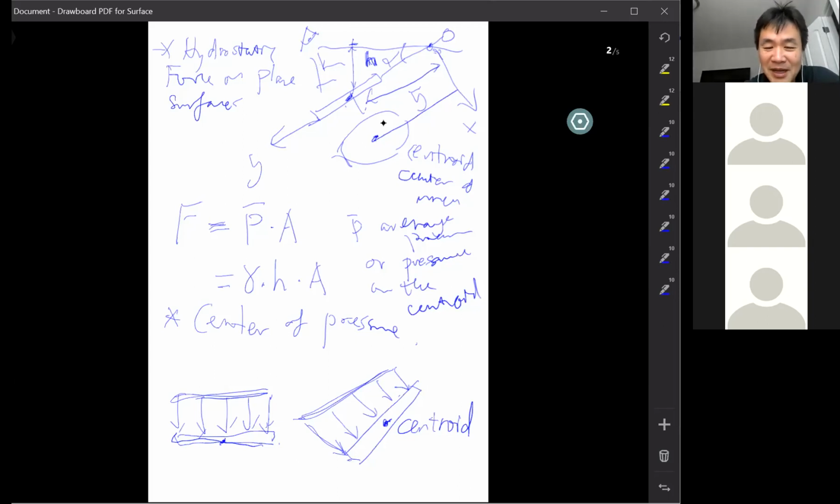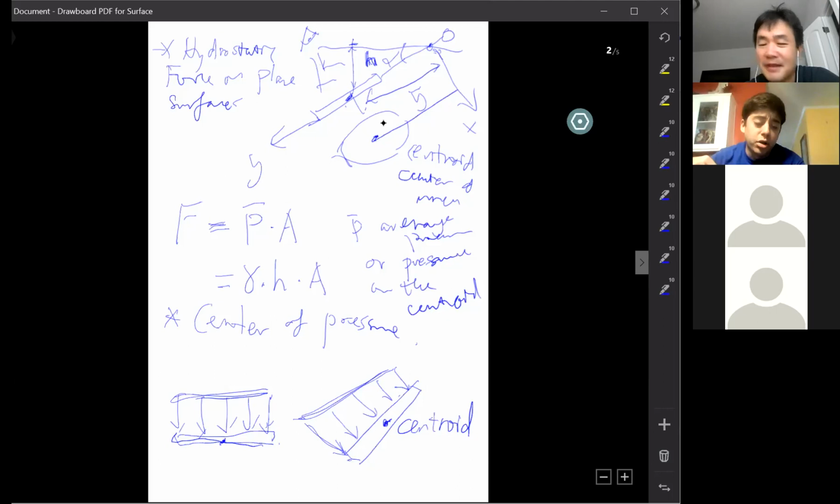Now I know the center of pressure is not on the same point as the centroid. So where is the center of pressure? Is it above it or below it? It should be below it, because of the angle that I drew.